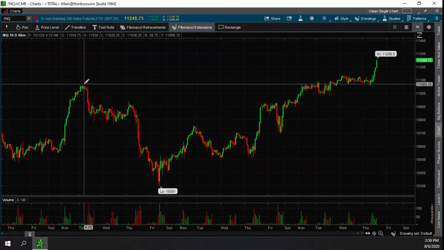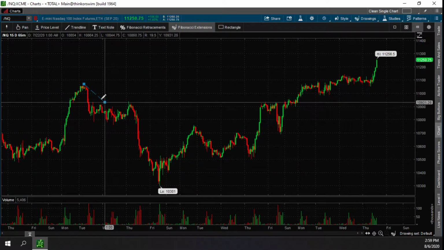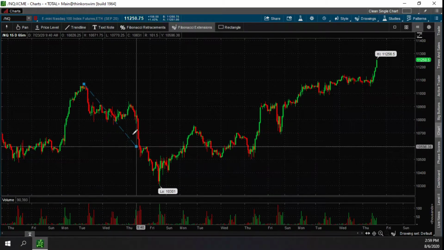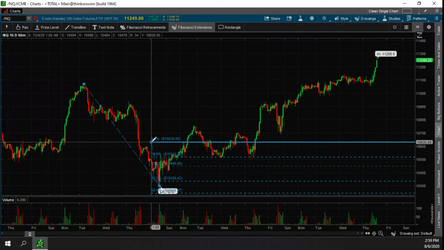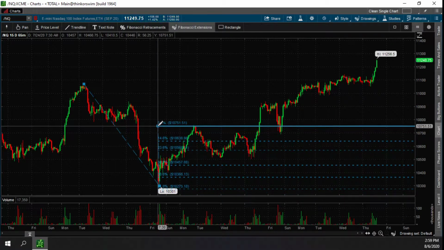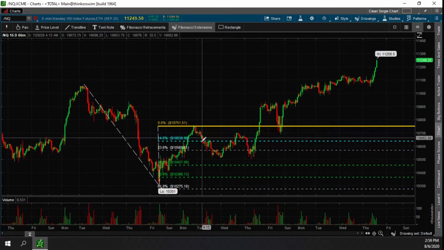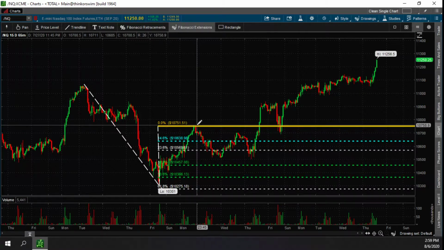So you could pick this bottom here, let's say, for example, you wanted to go long, and then you pick the next top, and that is your extension here. So this will be the top that it could not break.